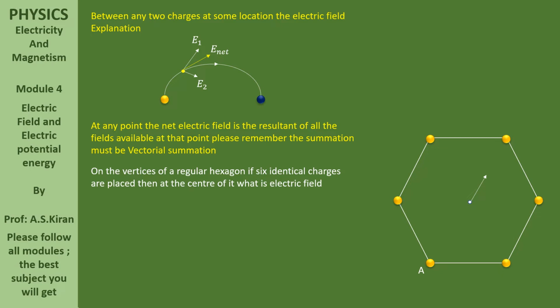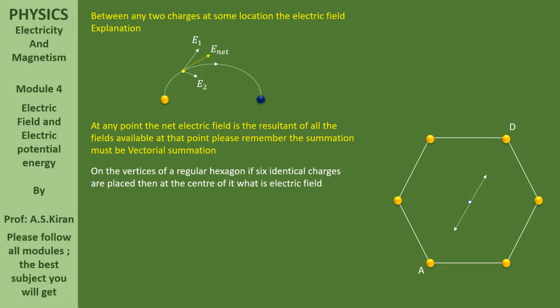There is an electric field with respect to A. Similarly, quite opposite to that A, there is one more charge, D. So with respect to D, there is another electric field, but it is quite opposite to the previous electric field. Both the fields are same in magnitude but opposite in the direction.